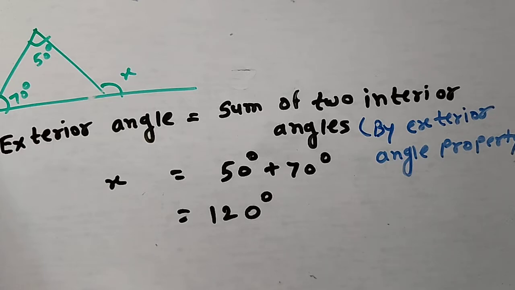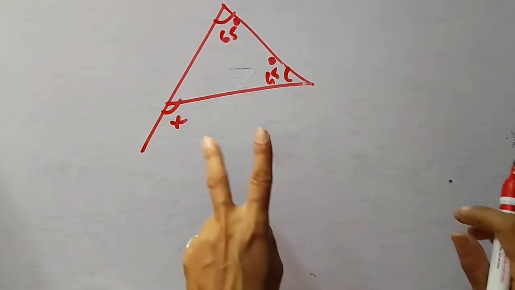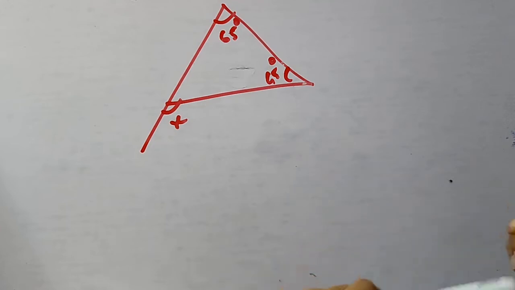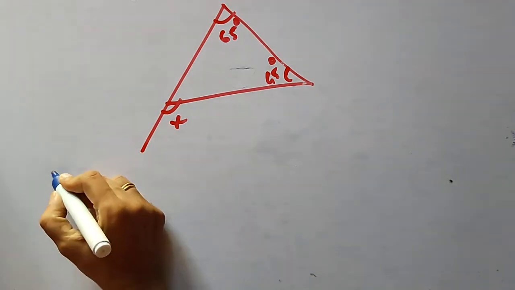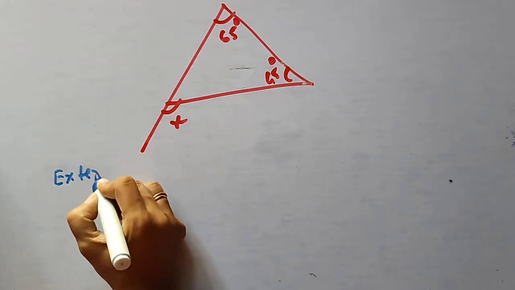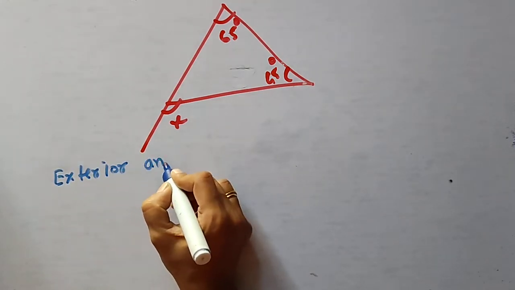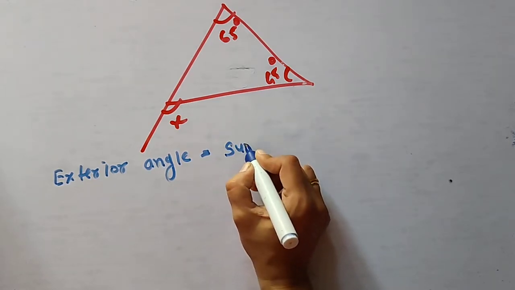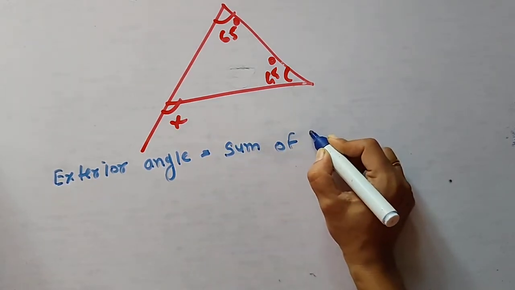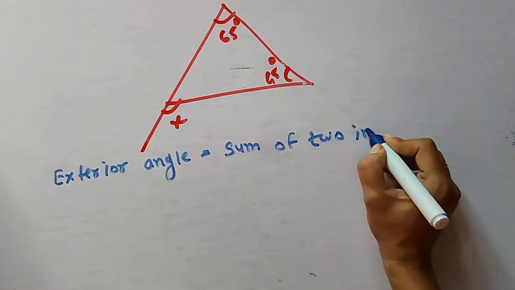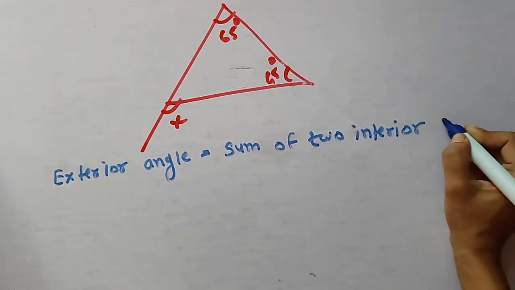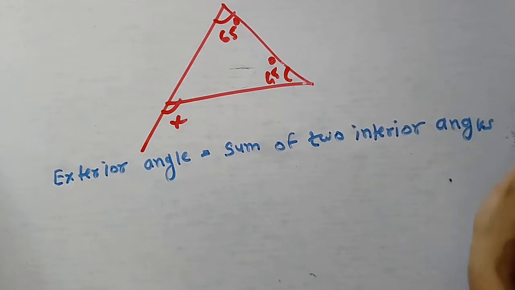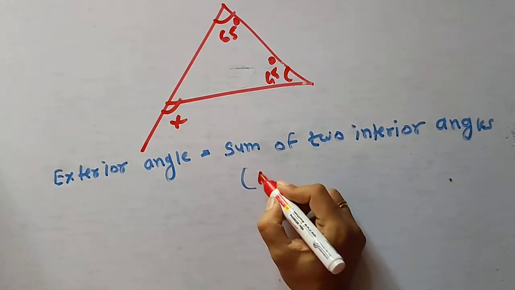Okay, now see question number 2. Again a figure is given. Now again you have to find the exterior angle. So again the first step is the same. Exterior angle equals the sum of two interior angles. In brackets you have to write by which property?